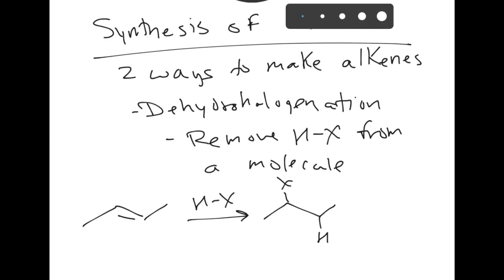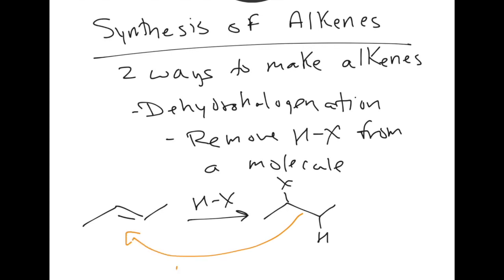Dehydrohalogenation is just that reaction in reverse. All right, so we're going back to what we started with in that reaction. So you can go from alkene to thing that has a halide in it, or you can go from thing that has a halide in it back to the alkene, which is what dehydrohalogenation is.